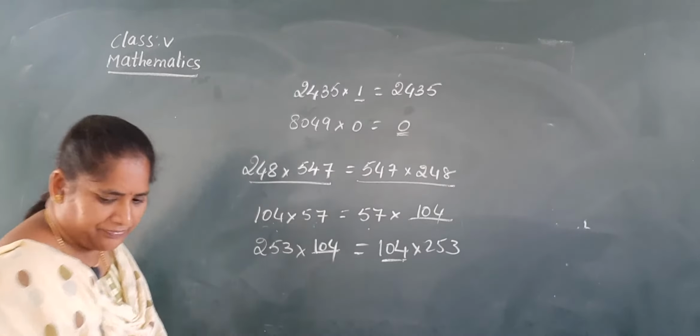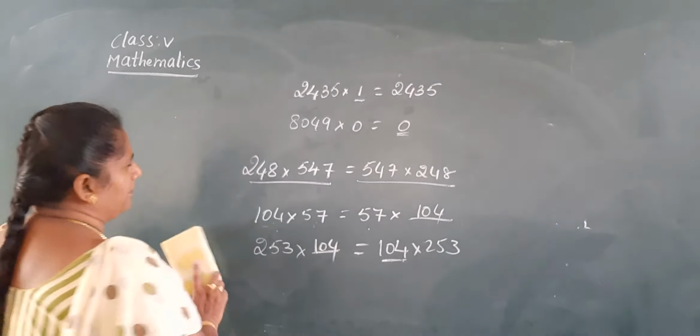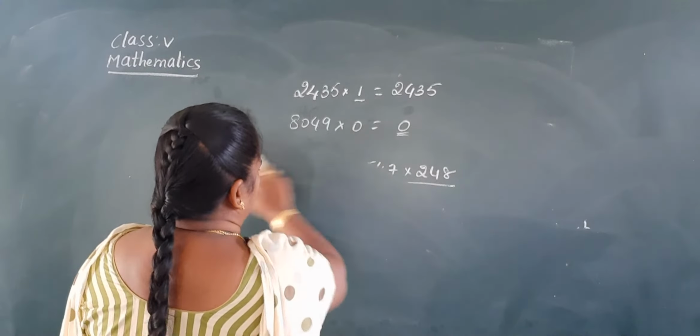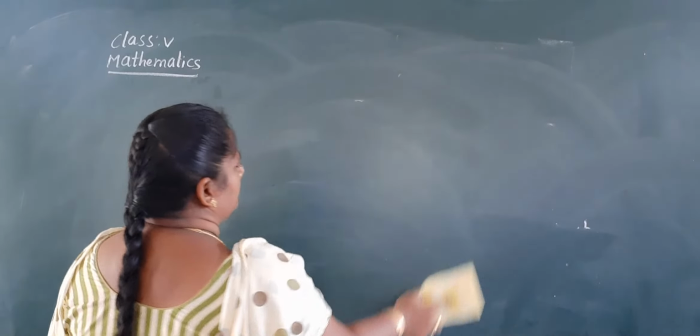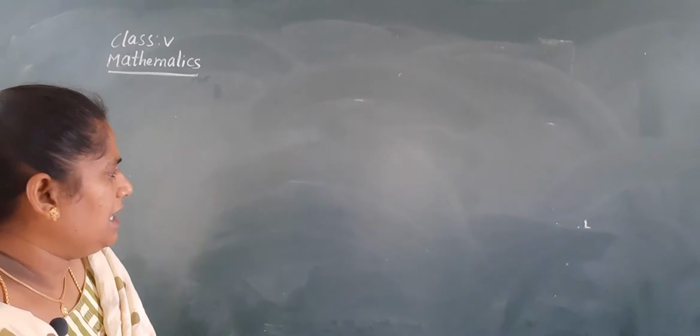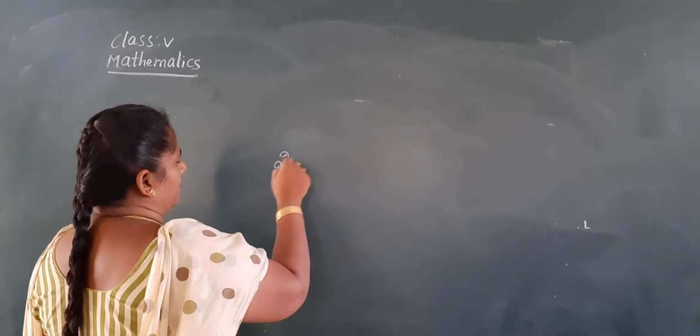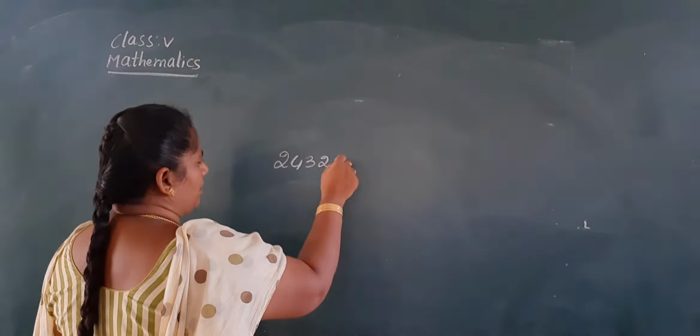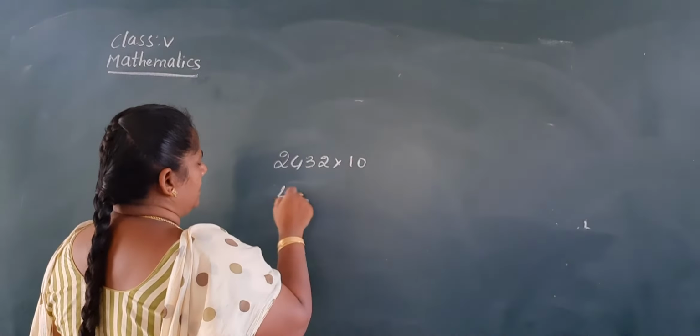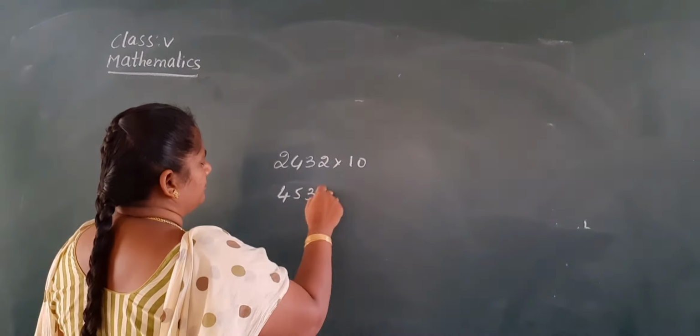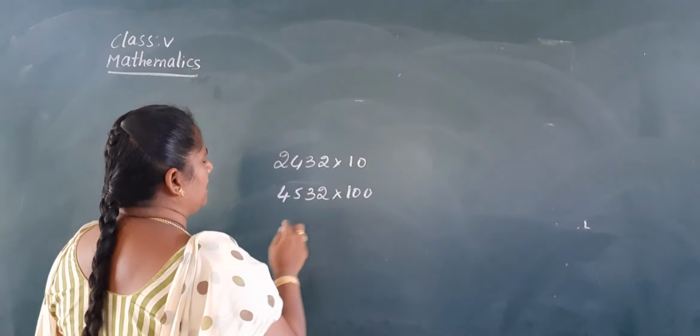Okay, ma? And next, multiplication by 10. See, Nana, if any number is multiplied by 10 or 20, let us take, so first I will explain 10, 100, 1000.